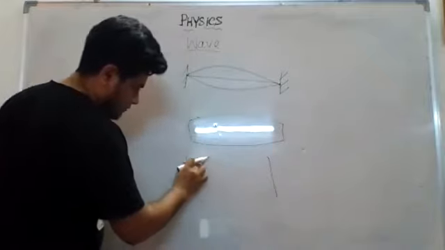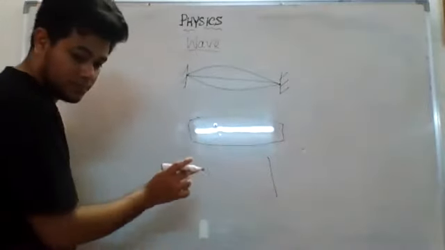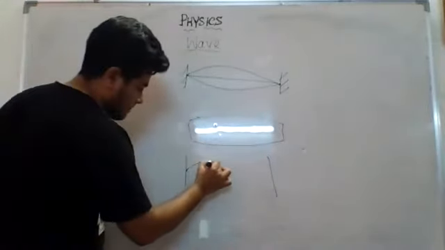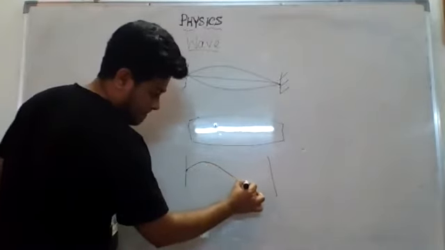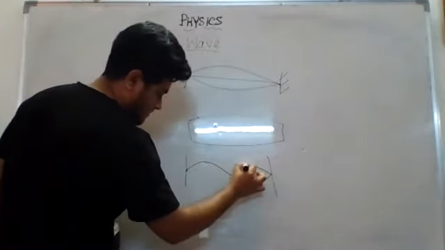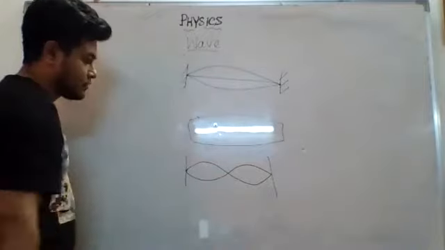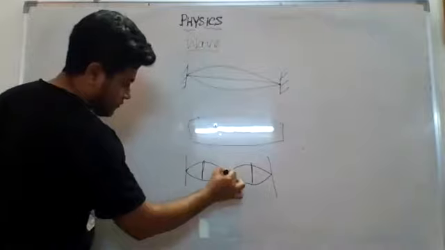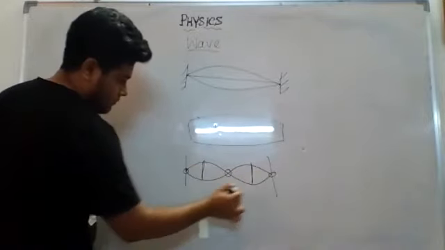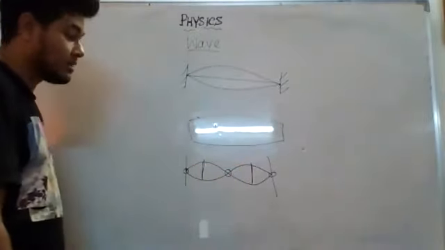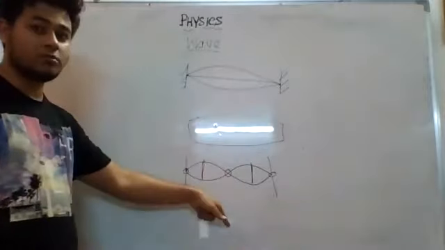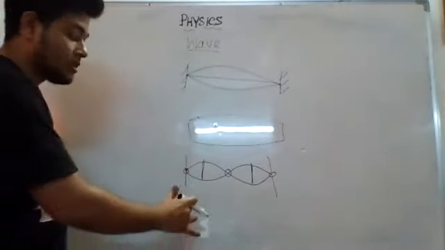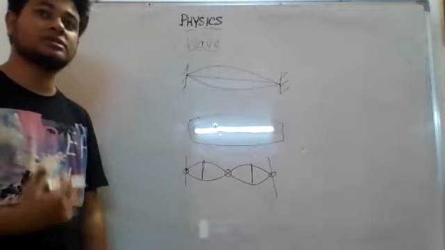Yes, now you can see that there are two antinodes and three nodes. Okay, so two antinodes means the frequency has been doubled from here. And when we get three antinodes, the frequency has been tripled.